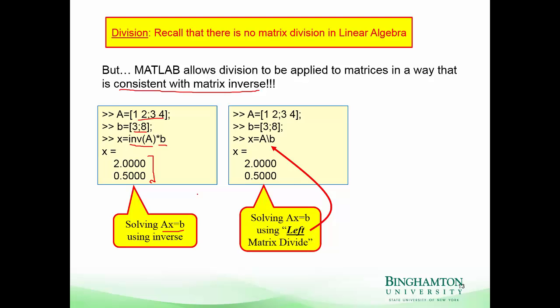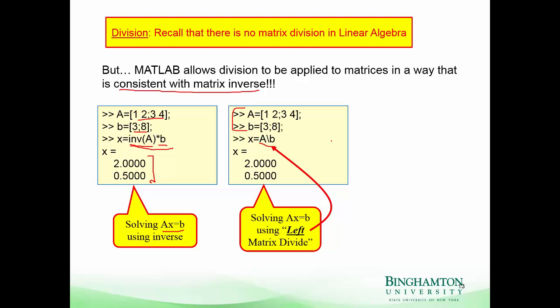Now MATLAB allows you to do the same thing in a little different format. So these first two lines here are exactly the same as what we did before. And then instead of doing inverse A times B, I do A left matrix divide. So notice that it's not the usual orientation for the divide symbol. It goes from the upper left to the lower right.